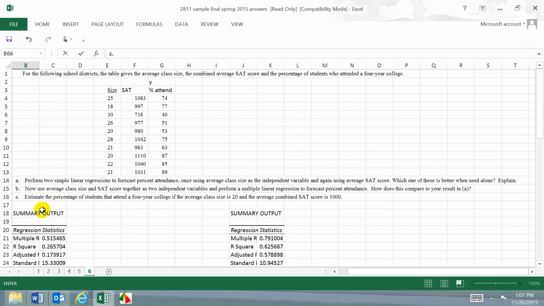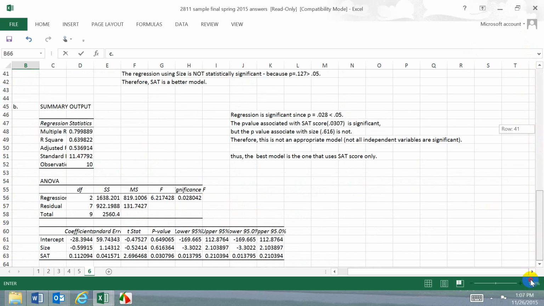Estimate the percentage of students that attended college if the class size is 20 and the average combined SAT score is 1,000. So we want to use our best model. And therefore we're using the model that we got in Part A, the one with SAT score alone. Why? Because the one in Part B, the multiple regression, is not appropriate, because not all the independent variables were significant.